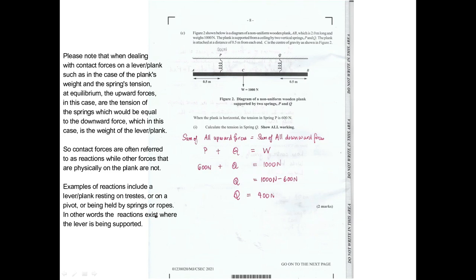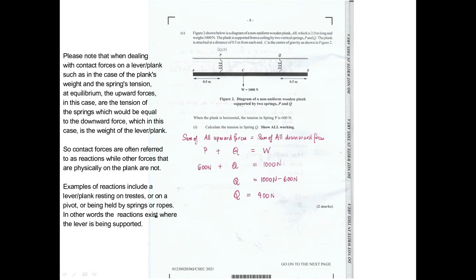Then it says when the plank is horizontal, the tension on spring P is 600 newtons. Calculate the tension on spring Q. Show all working. So with this one, the sum of all upward forces is equal to the sum of all downward forces. So P plus Q will be equal to W, right?